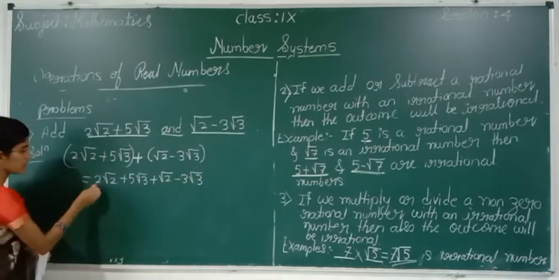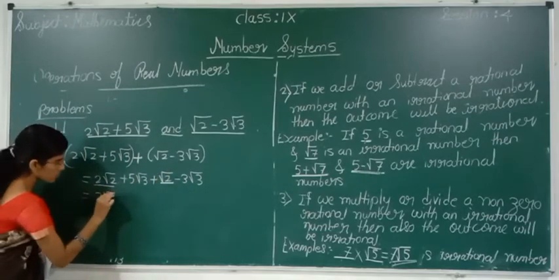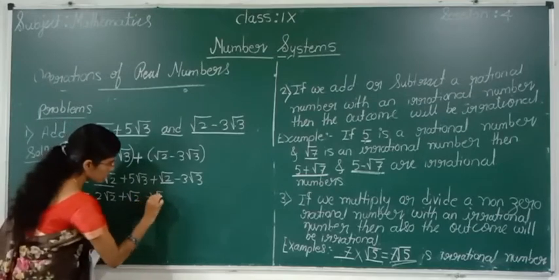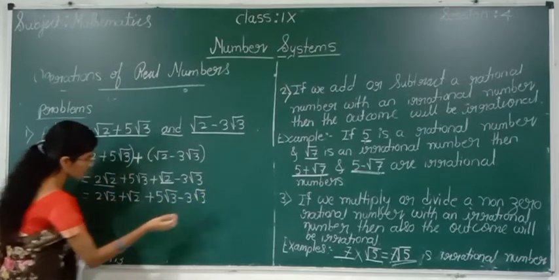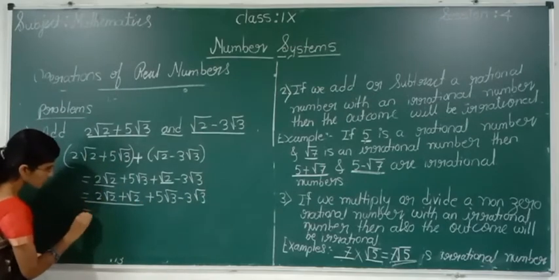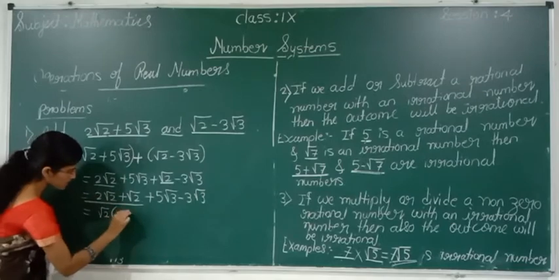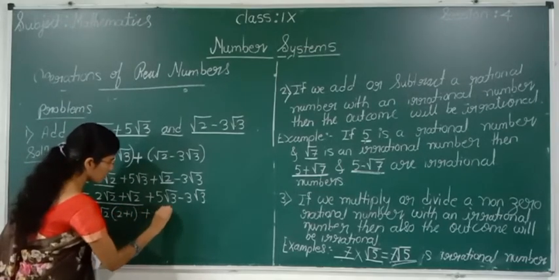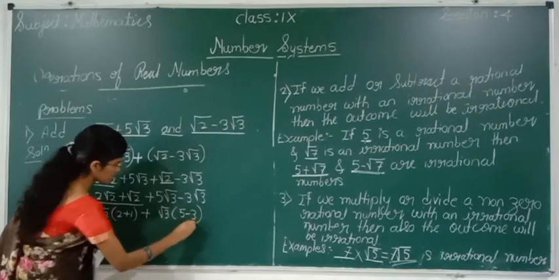Now we will collect the like terms: 2 root 2 plus root 2, plus 5 root 3 minus 3 root 3. Common is root 2, so 2 plus 1, and common is root 3, so 5 minus 3.